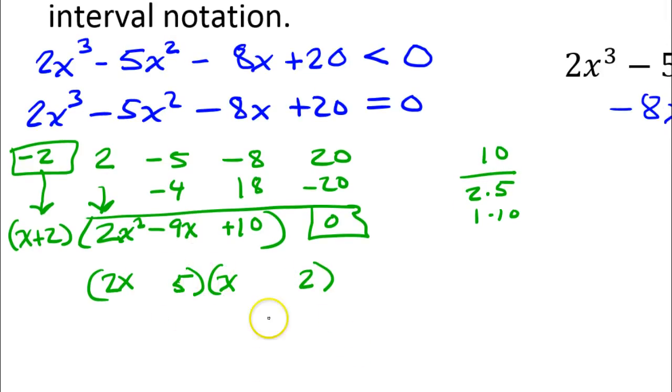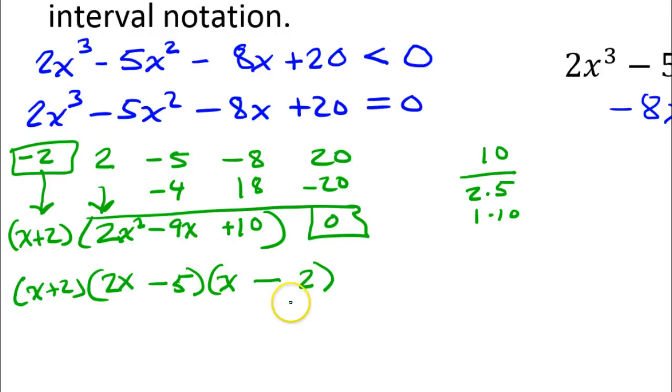Now, inner plus outer must equal the middle. Inner, I have 5x. Outer, I have 4x. I'm trying to get a middle of -9, so that means both of these would have to be negative. A negative times a negative is a positive, so that works out. Meanwhile, I bring down the x plus 2.